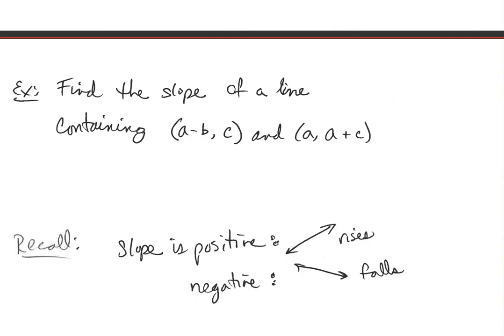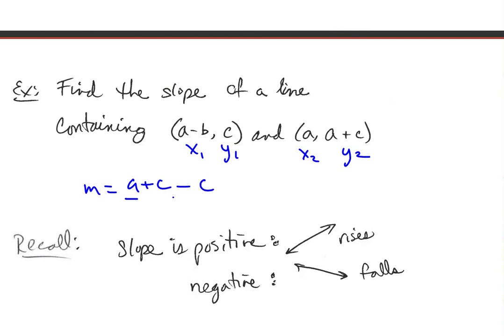Don't worry about it. Let's just go ahead and use the slope formula that we know, which is to label these x1, y1 and then x2, y2, just like we've been doing. And then we'll compute the slope for m equals, and then we'll just plug in the same formula, y2 minus y1. Of course, that would be a plus c minus c as y2 minus y1.